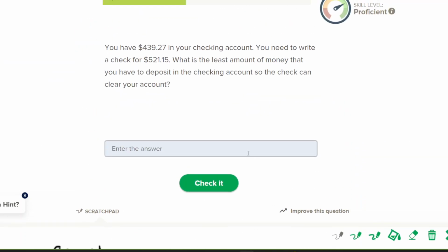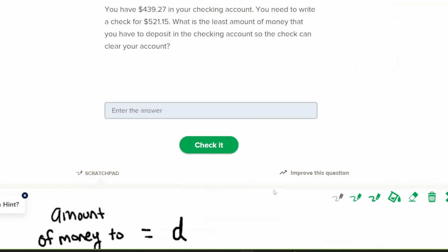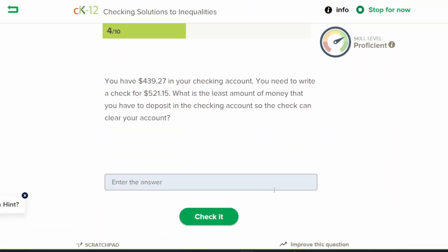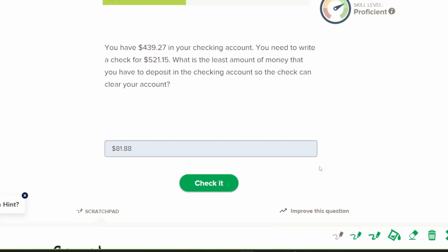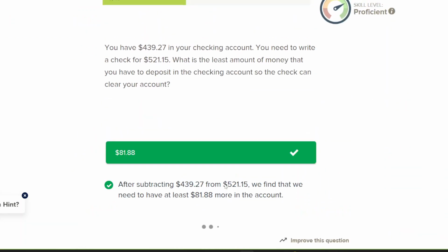I don't know if I have to put the dollar sign, but I'm going to put it because units should matter. So $81.88 is the least amount I can add to be able to have that check clear.